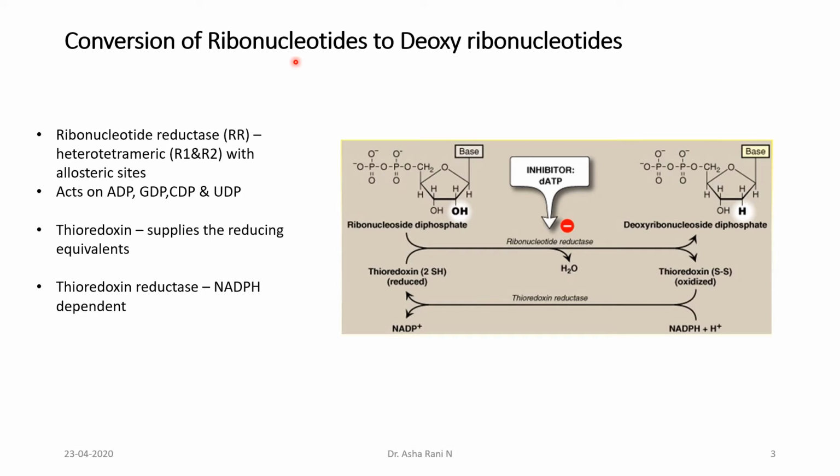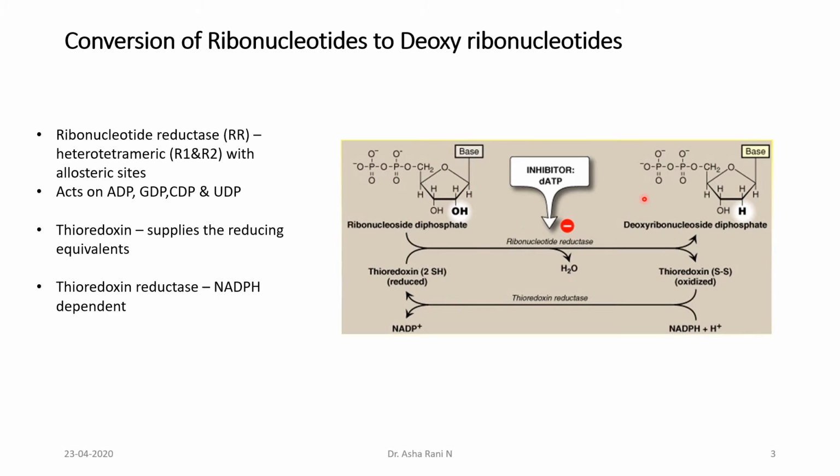So these ribonucleotides undergo reduction at their C2 position. So we know ribonucleotides have ribose sugar in their structure, and at the C2 position this hydroxyl group is there. So this is actually replaced with a hydrogen atom.